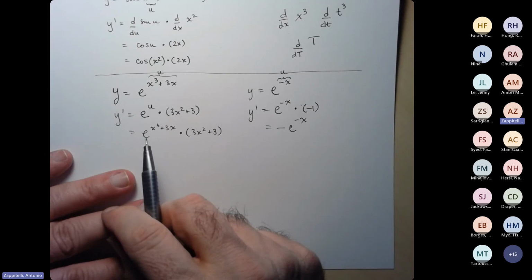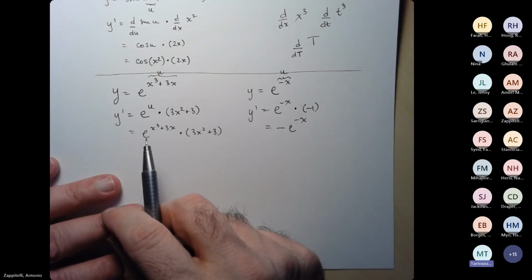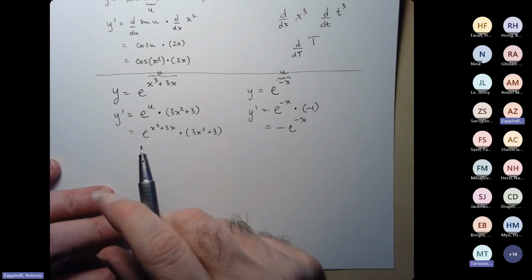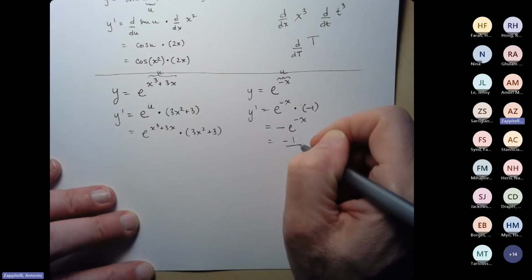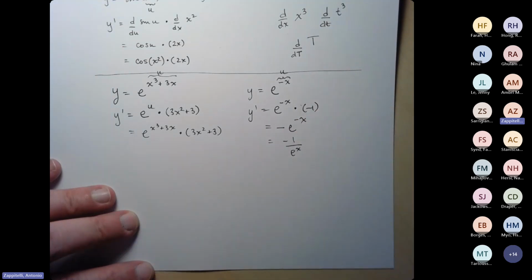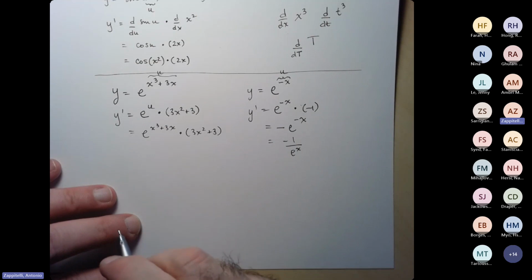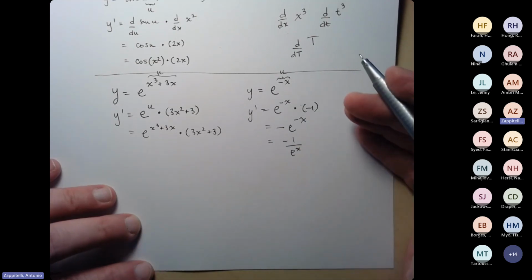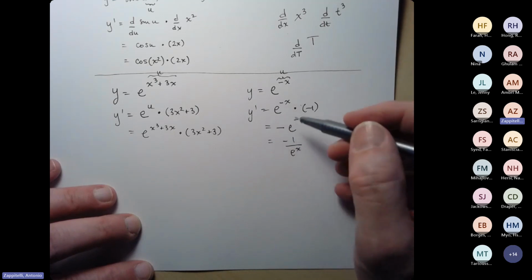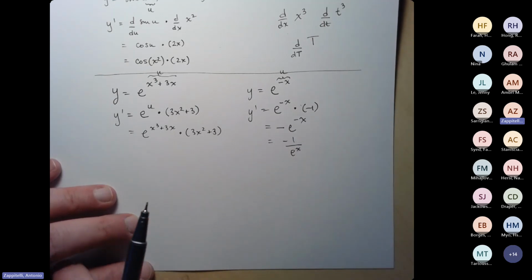So should I give you a couple of examples to work on? But teacher, at the end, can I write it as a fraction or keep it like that? Oh yeah, at the end, if you want to rewrite this, you can rewrite it as negative 1 over e to the x. Sure, you can. But very often you're taking derivatives to then solve problems, and it's often easier to have this in the numerator than in the denominator.